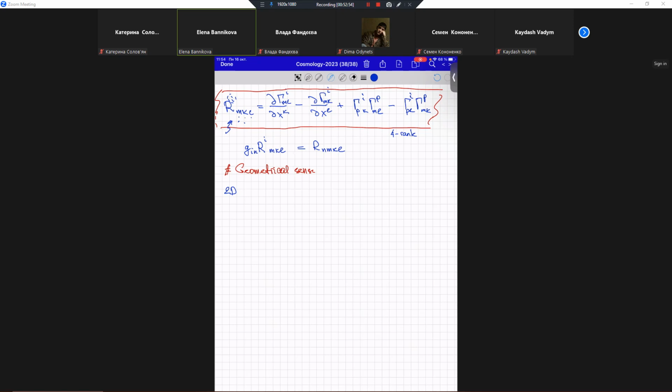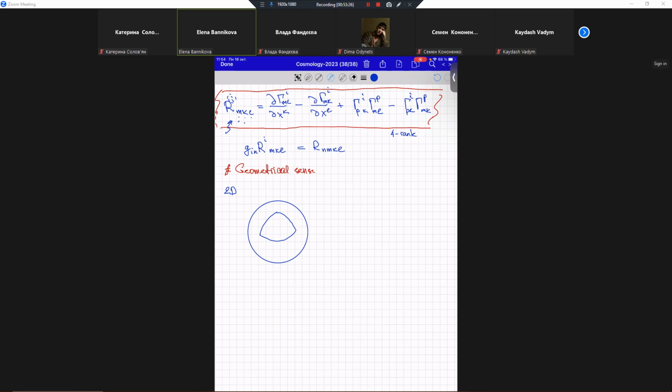So if we consider a sphere, I will try to use this one. Okay, and on this sphere, I would like to choose some contour. For example, this one, like this.